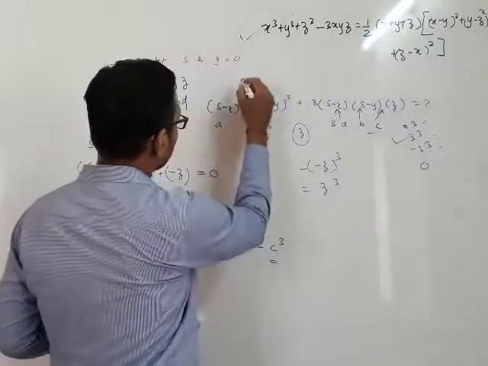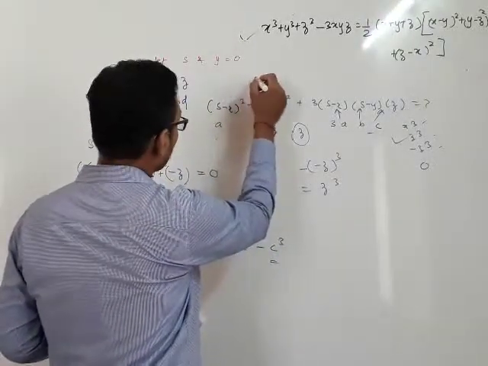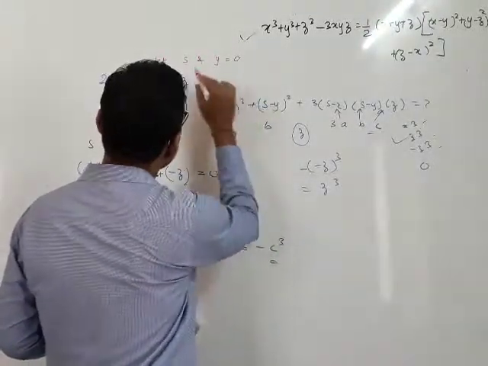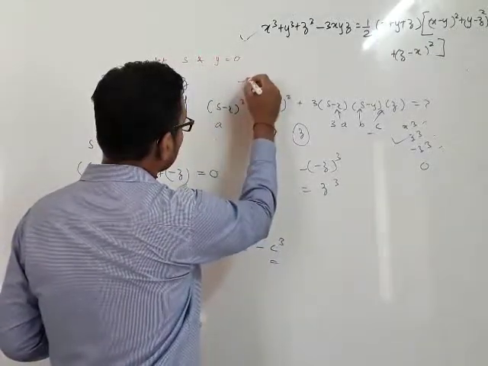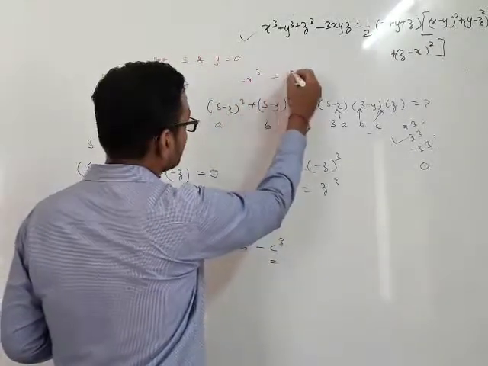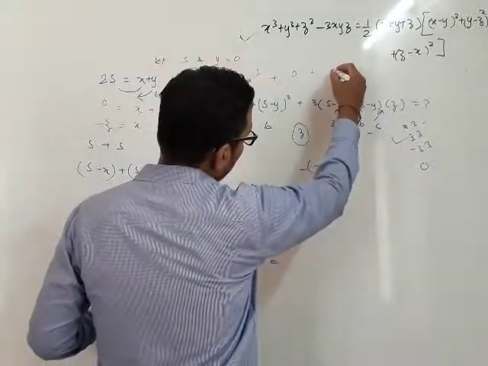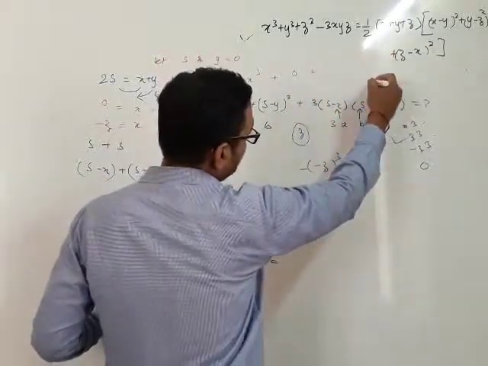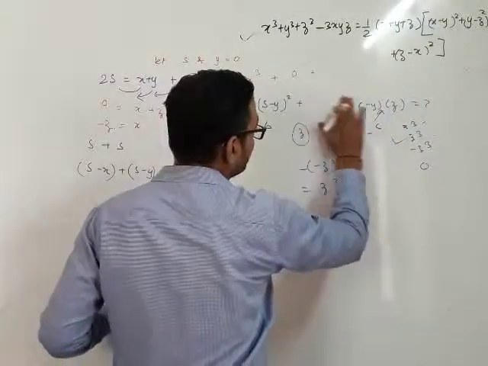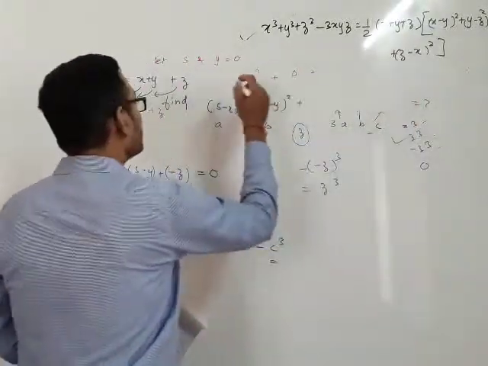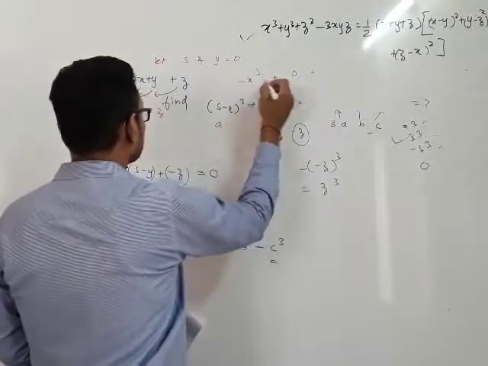Now here what they have asked is s minus x, so minus of x cube plus 0 plus thrice of s into x, s minus y, the entire term becomes 0. So they have asked for minus x cube.